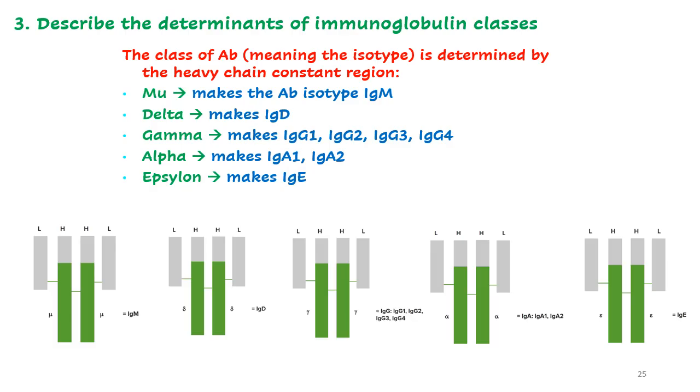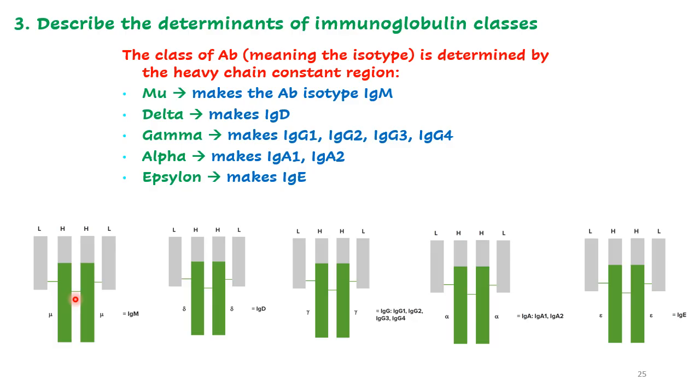All right, so what are these genes and what kind of antibody classes are those genes producing? The genes that produce the different classes of antibodies are encoded in the DNA. These genes are given Greek letter names: mu, delta, gamma, alpha, epsilon.